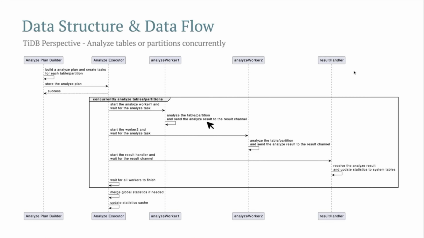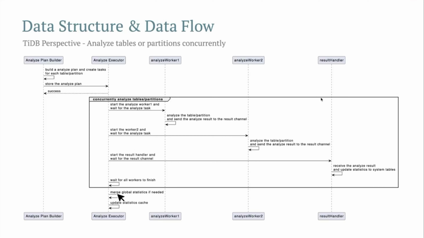Then we wait for the analysis to complete. Once the analysis is done and we receive the analyzed result, we update it into the system table, writing the TopN and the histogram to the system table as we saw before.